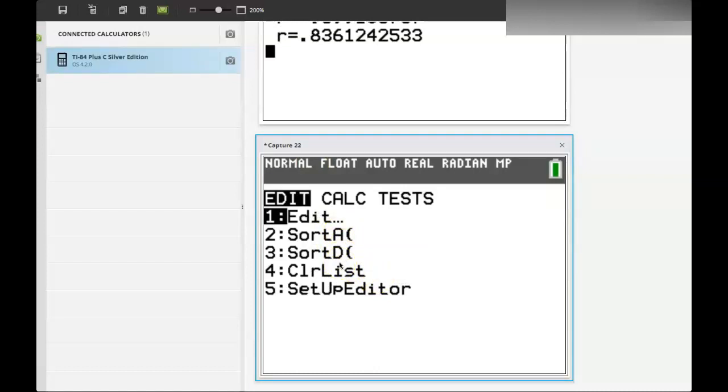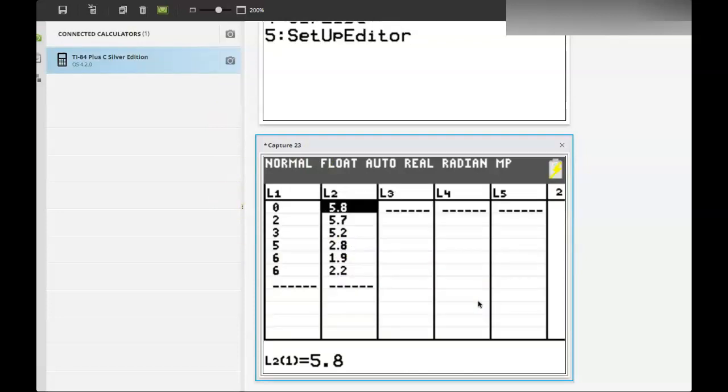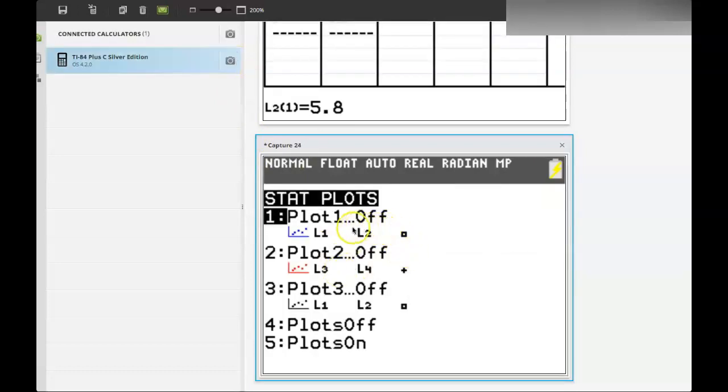Then enter all the data for x into L1 and the data for y into L2. Okay, we have these points. Now we want to graph, exactly the same as the previous part. Press second, then the y equals key on top. Choosing the first one, enter.